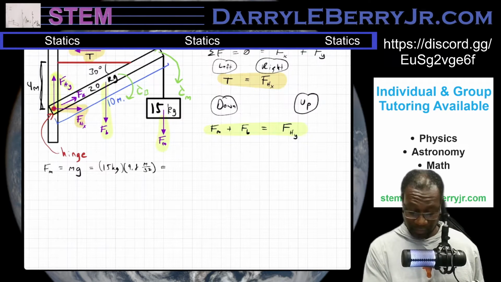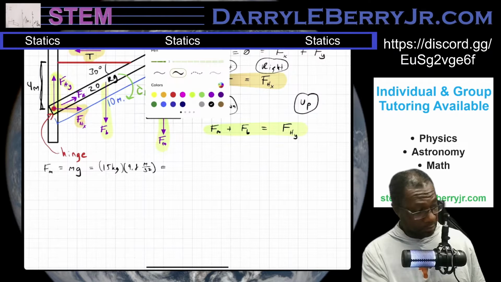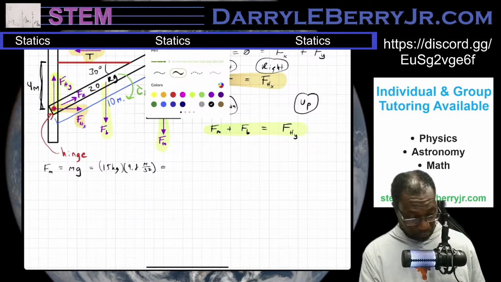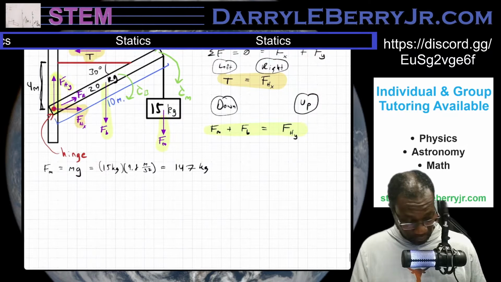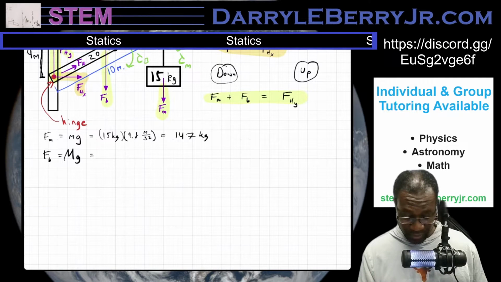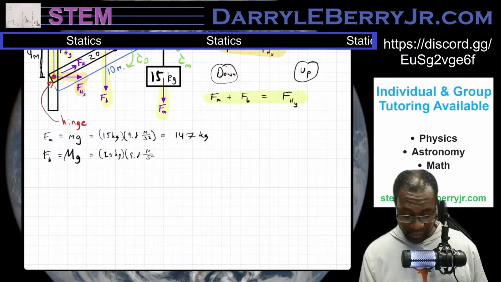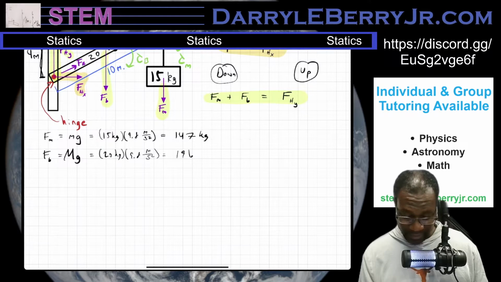So that equals 147 newtons. And Fb equals mg, which equals 20 kilograms times 9.8 meters per second squared, which equals 196 newtons.